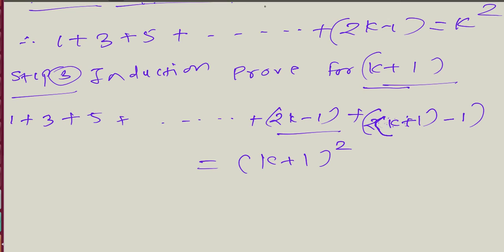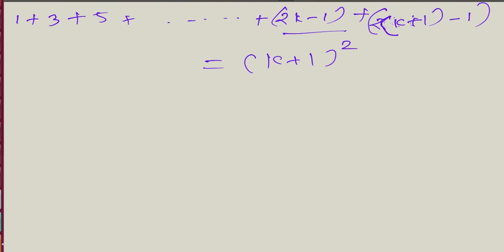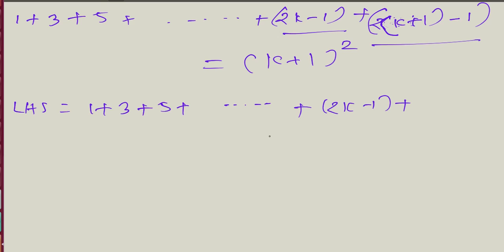So let's do this. Let's write the LHS. LHS is equal to 1 + 3 + 5 + ... + (2k − 1) plus, if we expand this, 2k + 2 − 1, that is 2k + 1. Let me expand the bracket on the right also.